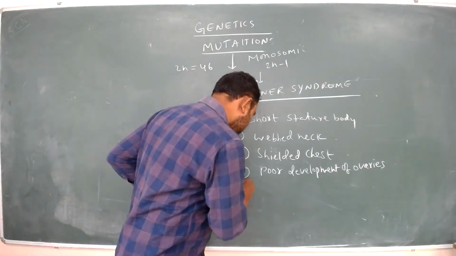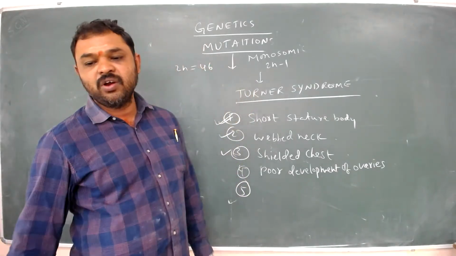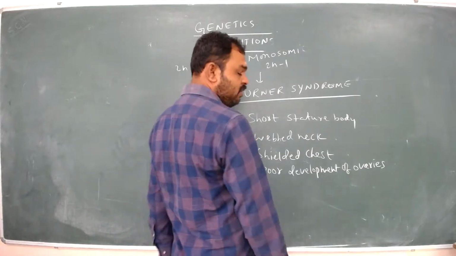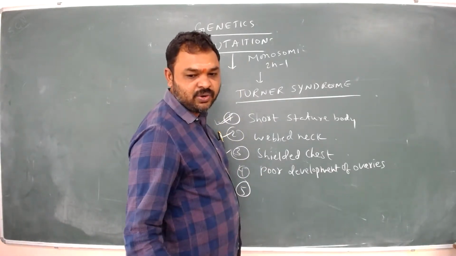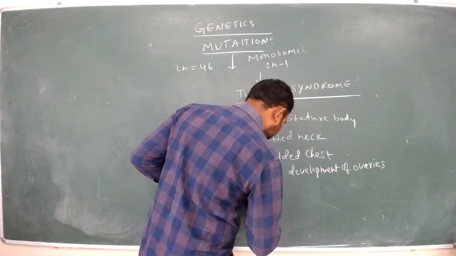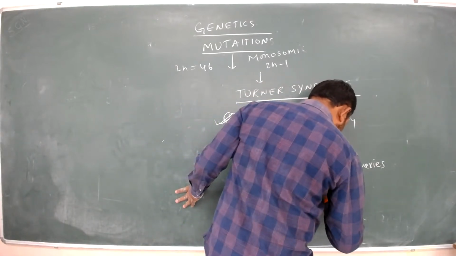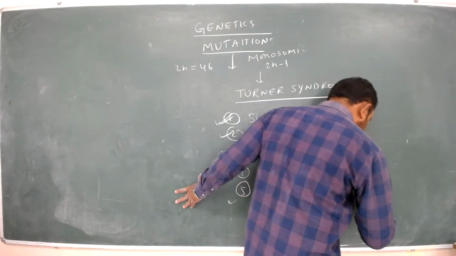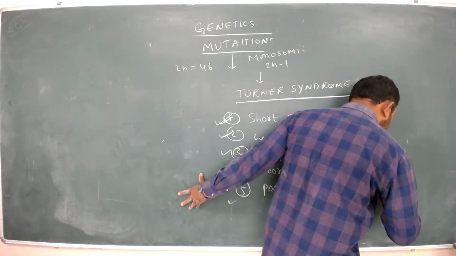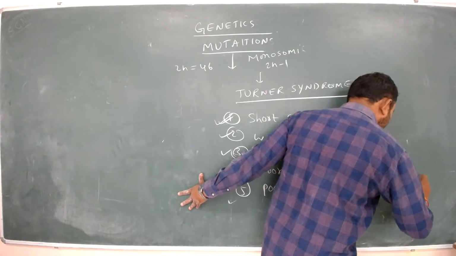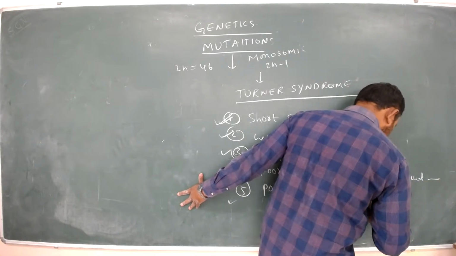Next, another characteristic: sexual hormones. Secondary sexual characters cannot develop well.